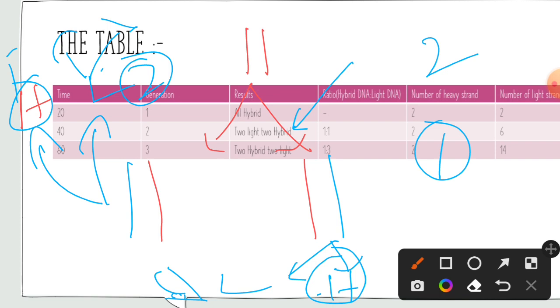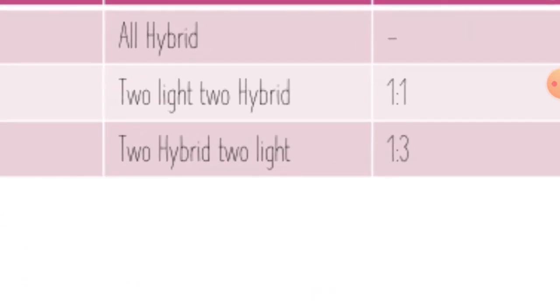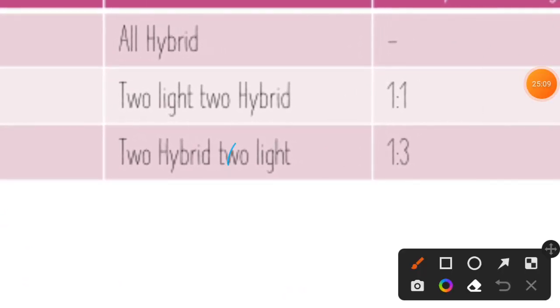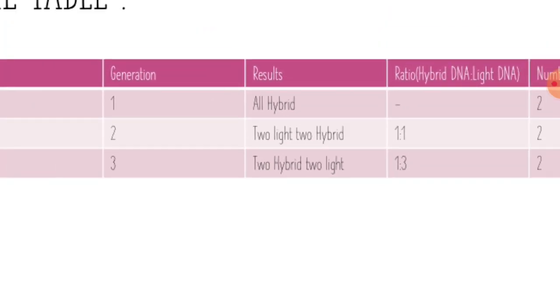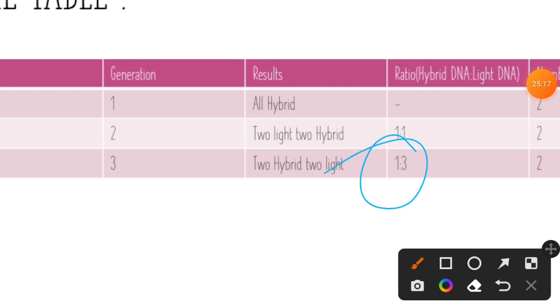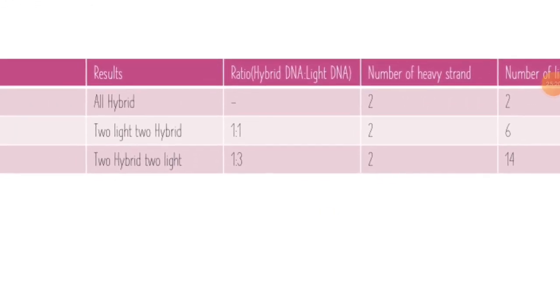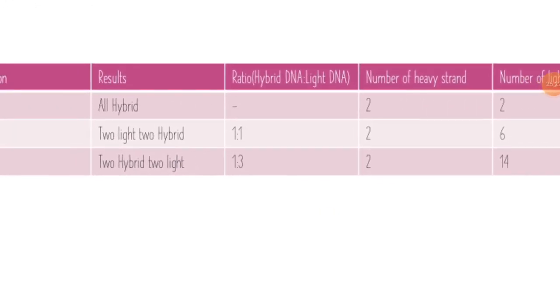So here we will get 6 light and 2 hybrid. Clear, my friends? So that will be the ratio of 1:3. And here for the number of heavy strands, we are getting 2 hybrid, 6 light, and the number of heavy strands in the 2 hybrid DNA molecules will be 2, right?